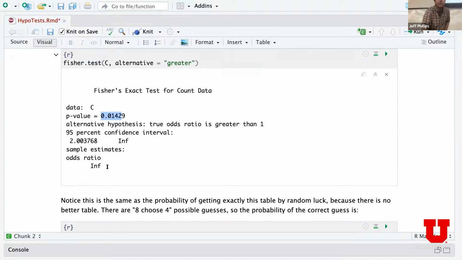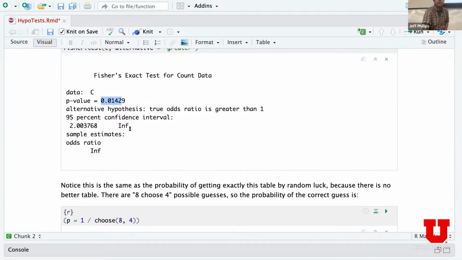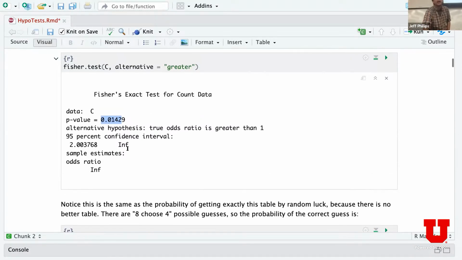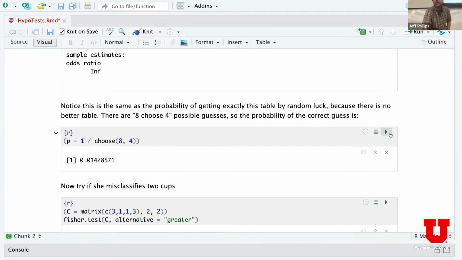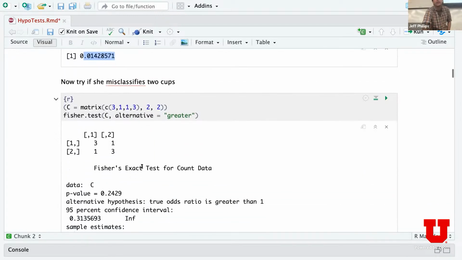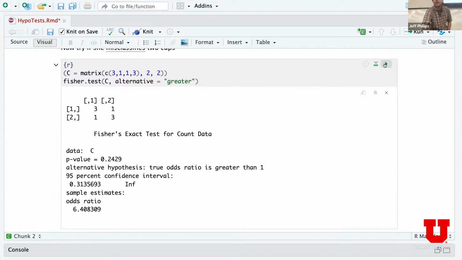We'll skip what the odds ratio is, but it computes by default the 95% confidence interval as well with the same data. We can again recalculate: this is exactly the probability that out of the 8 choose 4 possibilities, you got all of them correct, which is 1.4%.